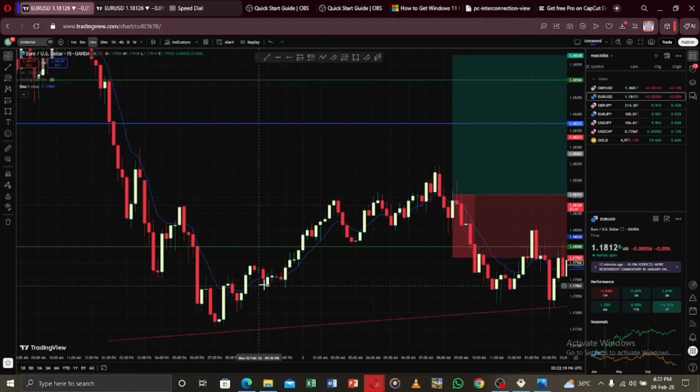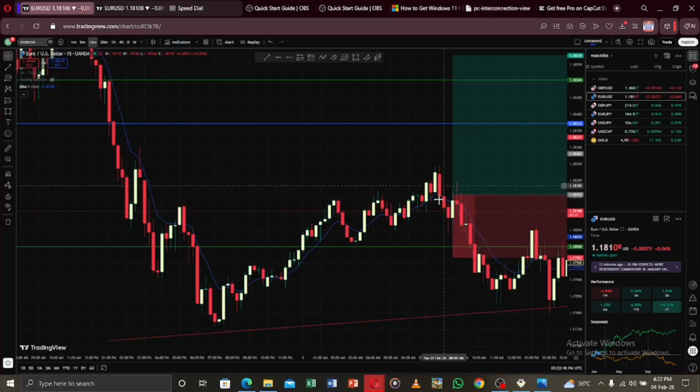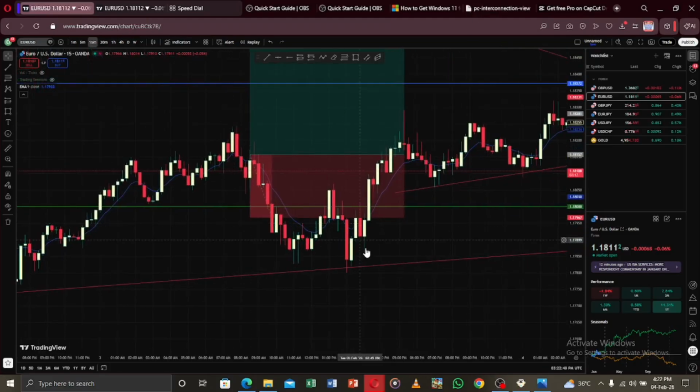Maybe I believe that it used this psychological level as a support, made a higher high from there, broke structure, made a higher high, came down. I believe I waited for it to come down for me to get a better entry, and then I took it. But as you can see, it wasn't a successful trade.